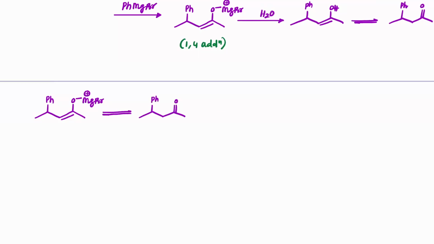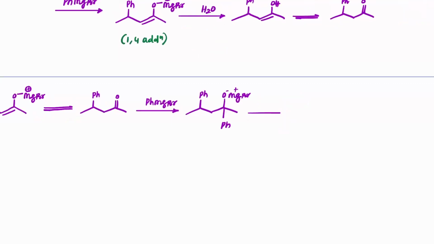And that means if you react with the second mole, this time it will make 1,2 addition. So O minus MgBr plus, sorry, not CH3, PhMgBr. Now Ph will come here. One Ph was already there. And now when you do hydrolysis, it will convert into an alcohol form.